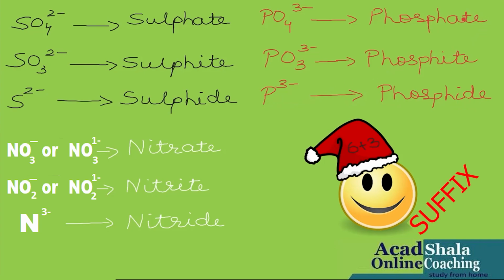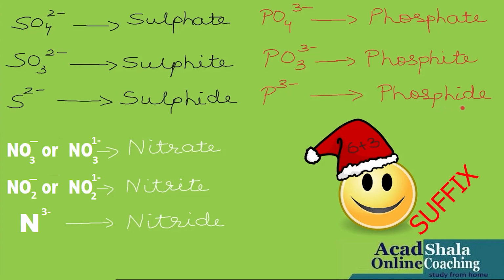So ATE has one more oxygen than ITE, or ITE has one less oxygen than ATE. And phosphide lacks oxygen, as I told you before. So this way, we have learned how to memorize polyatomic ions as well as monoatomic ions.